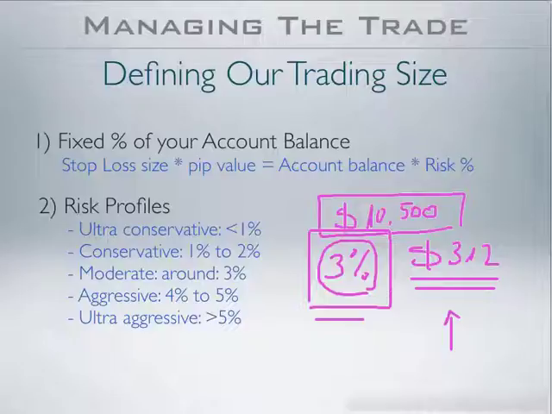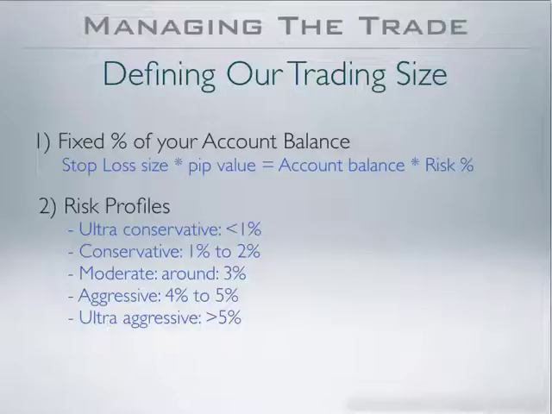You don't over leverage your account on any given trade, since again you will be risking exactly the same percentage on every single trade. This is important, guys. So no given trade, again, can make or break your trading account. That's the idea here.